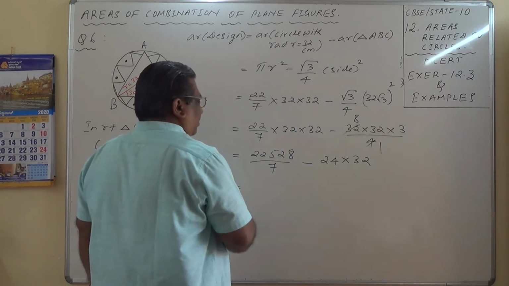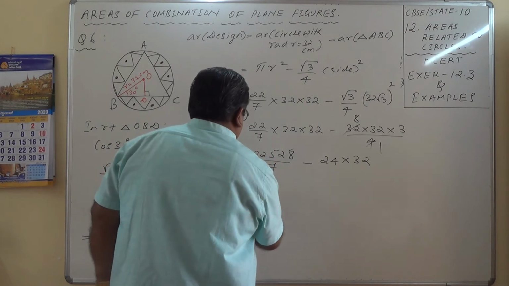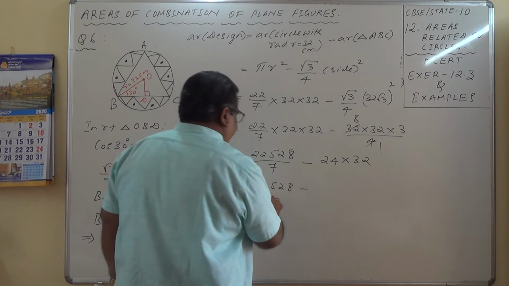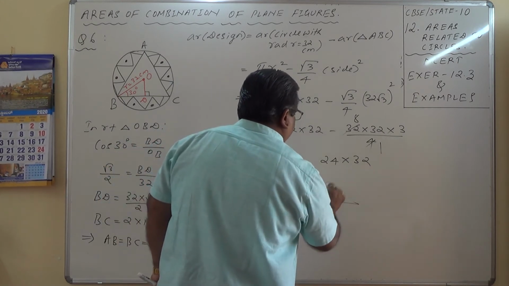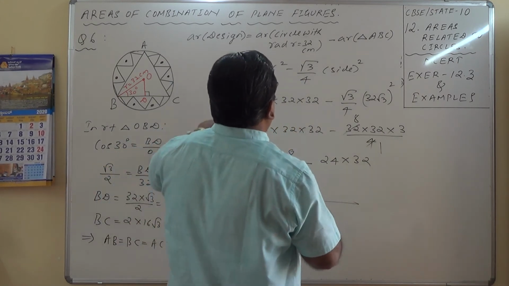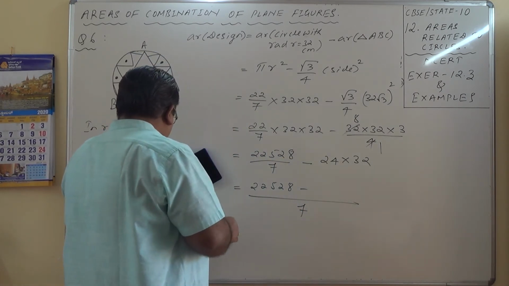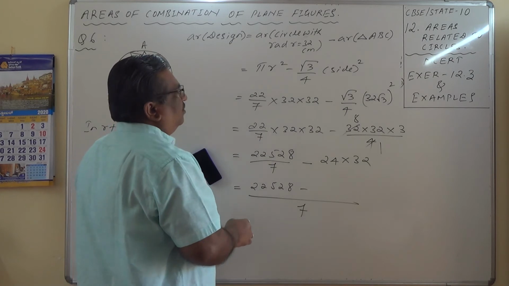So this is equal to 22528 over 7, minus, LCM I am taking as 7. Root 3 by 4 side square, side is 32 root 3, the whole square.